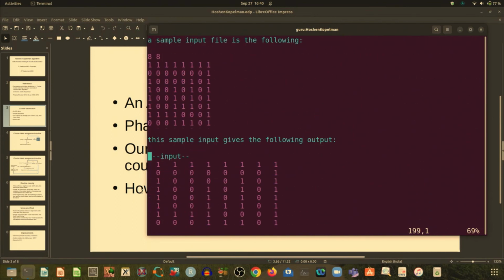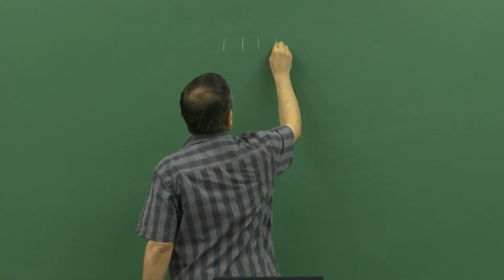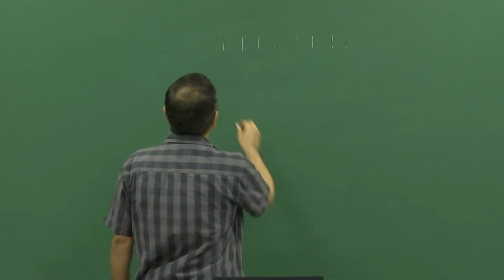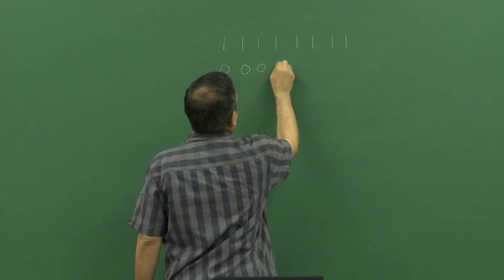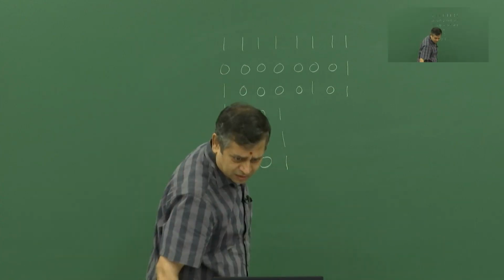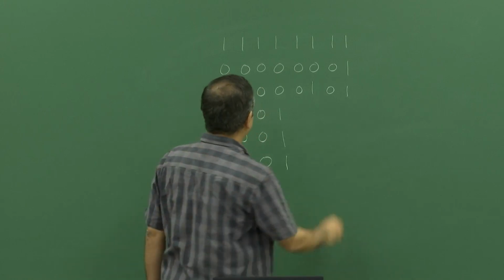Okay. So, this is an 8 by 8 array. That is the first line. That is the second line.